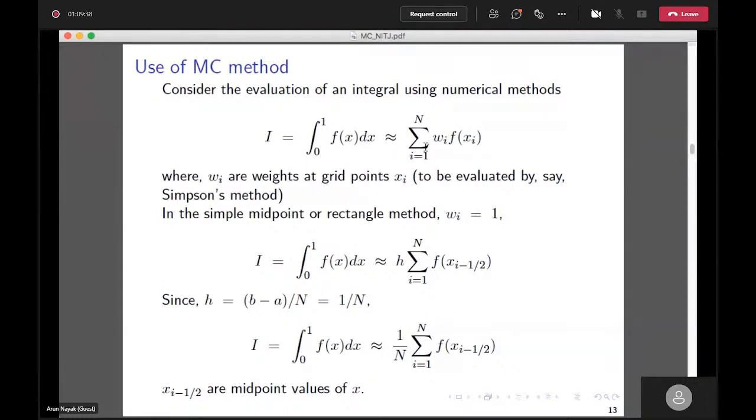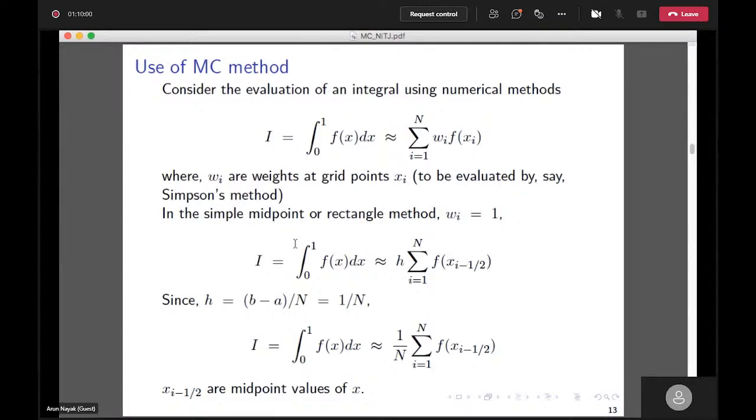For example, these w_i are evaluated using Simpson's method. Now, let's take the very simple one, the midpoint method or the rectangle method. In that case, the weights are all 1 and the f(x) are evaluated at each midpoint.